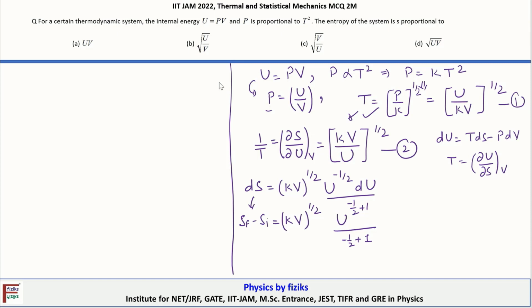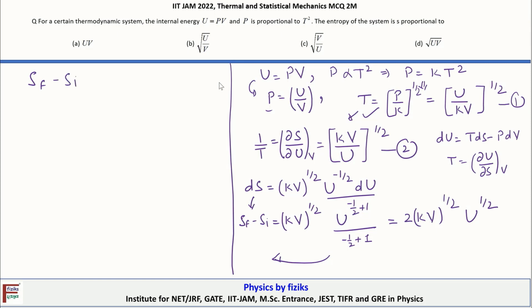After solving, we have a factor of 1 by 2 in the denominator, so that becomes 2 in the numerator: 2 times K V power 1 by 2, and then U power 1 minus 1 by 2, that gives you 1 by 2.